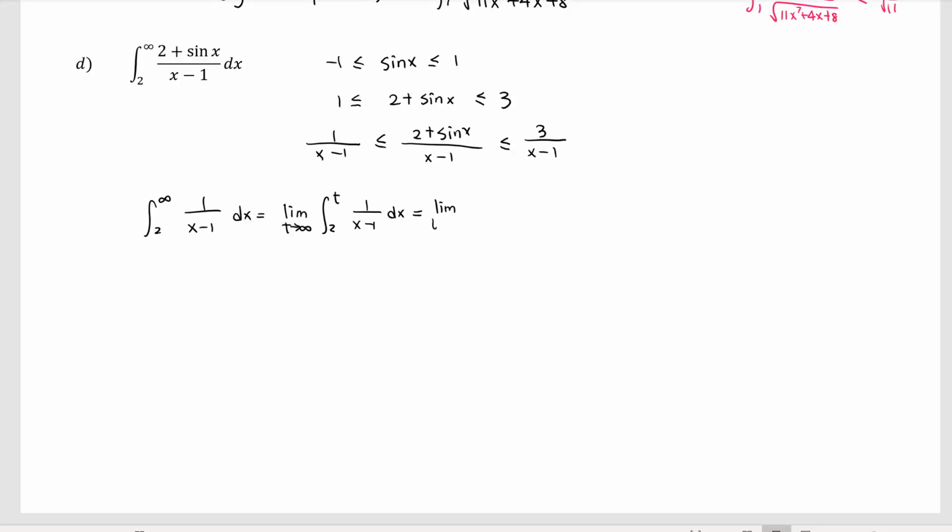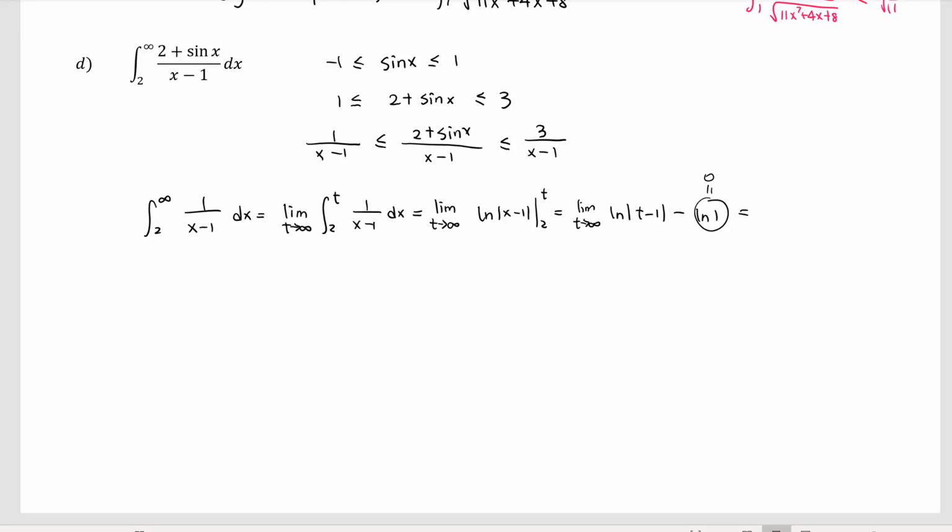The integral of 1 over x minus 1 is ln of x minus 1, evaluated from 2 to t. So that is the limit as t goes to infinity of ln of t minus 1 minus ln of 2 minus 1, which is ln of 1, which is 0.